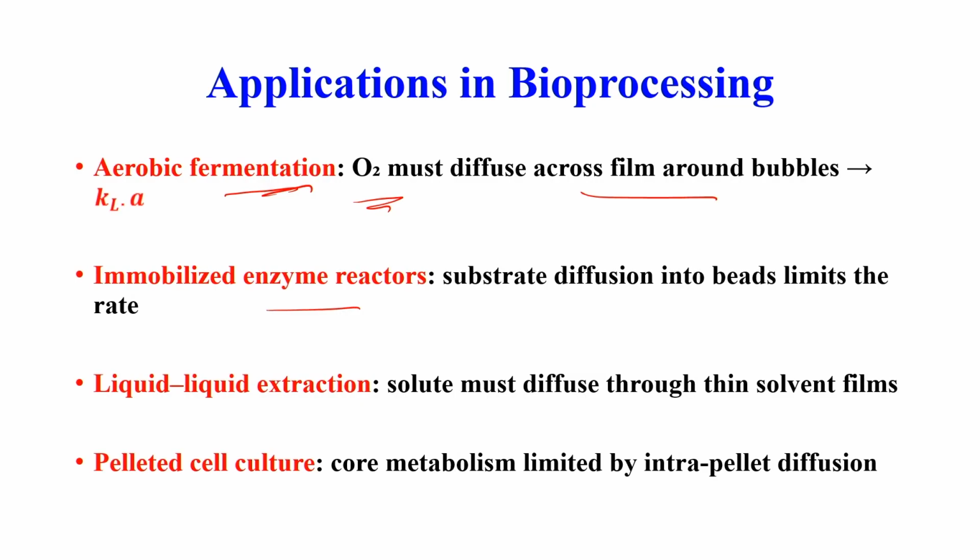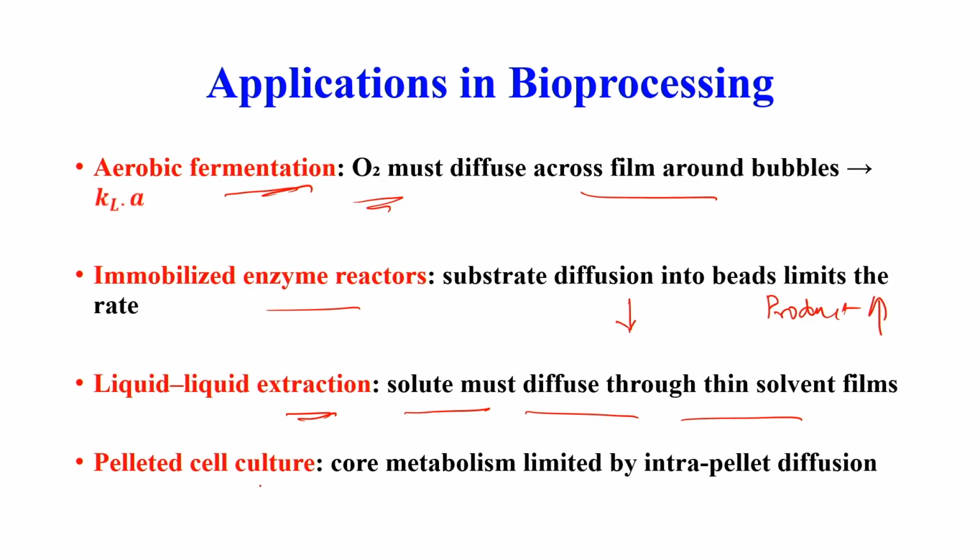Once it is immobilized, your substrate should diffuse in, as well as your product should diffuse out. In case of liquid extraction, we have already discussed that the solute must diffuse through a thin solvent film between two immiscible liquids.